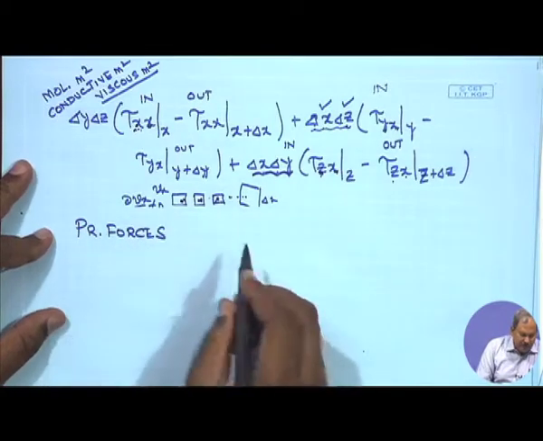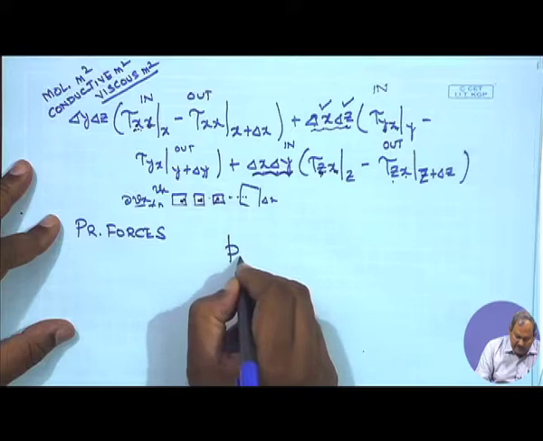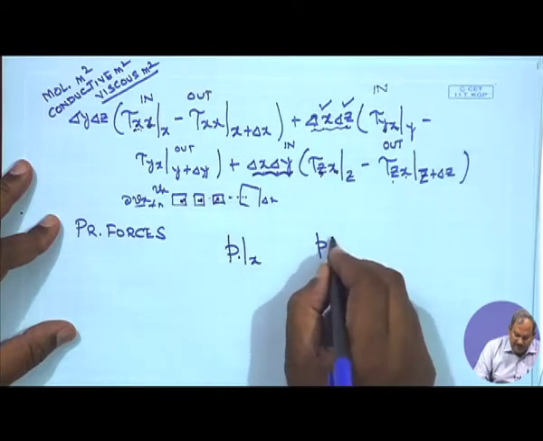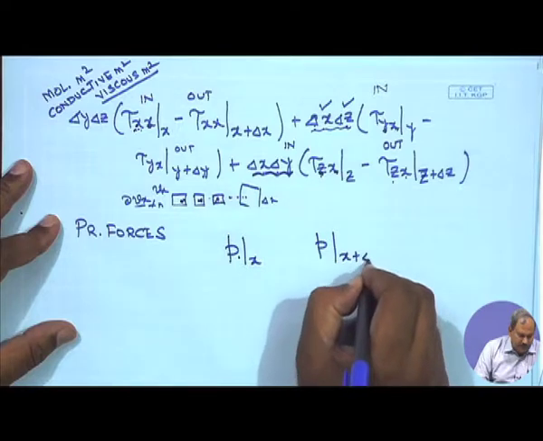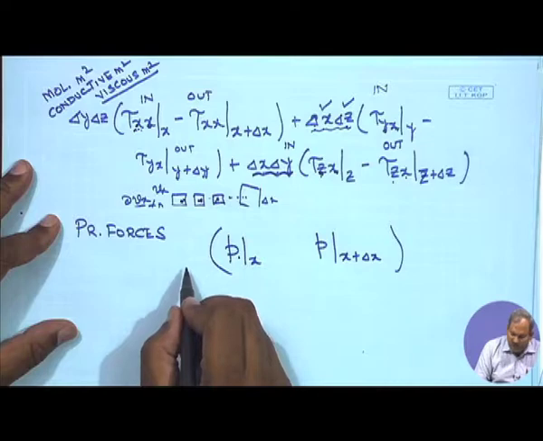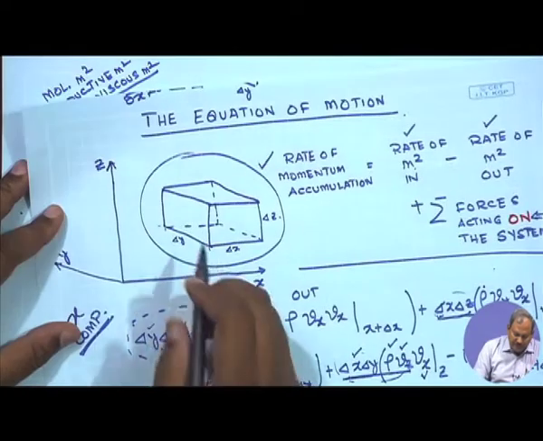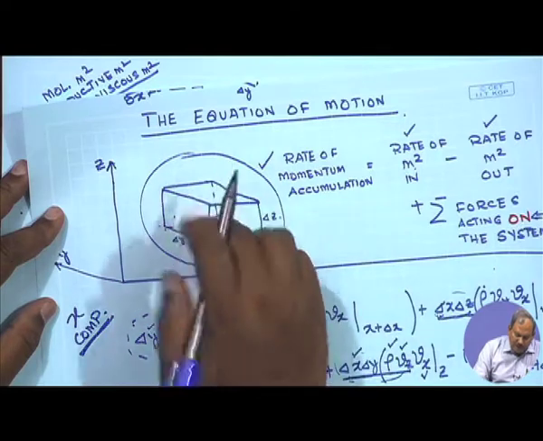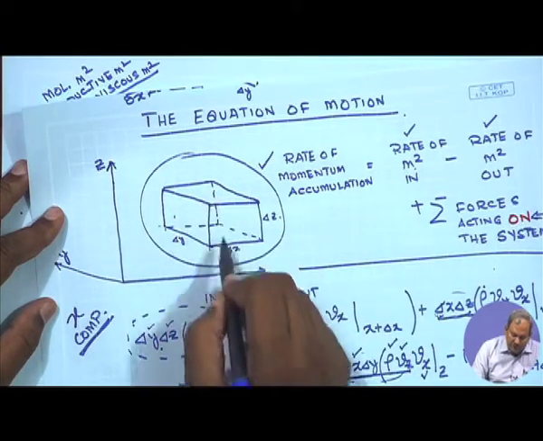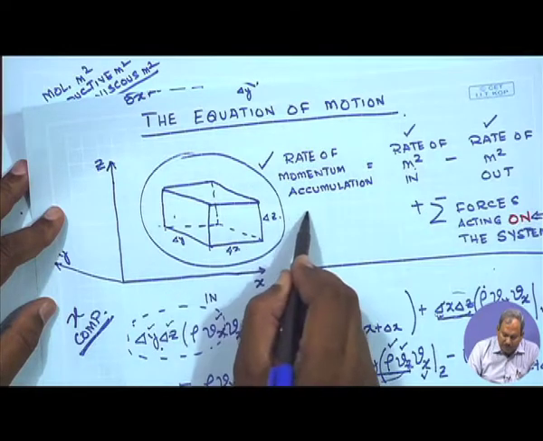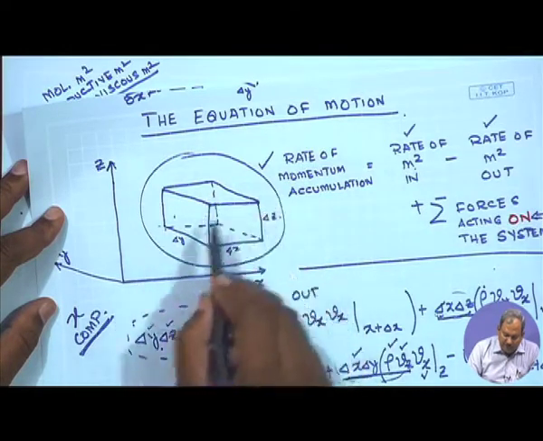So, let us assume that the pressure at x is P at x and the pressure at x plus del x is P at x plus del x. The difference in pressure is acting on the x face; the other pressure differences do not contribute to the x component of force.